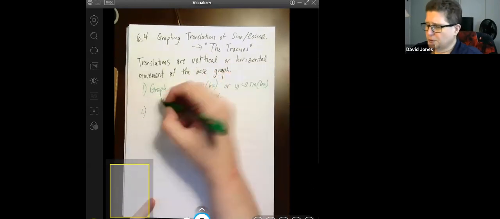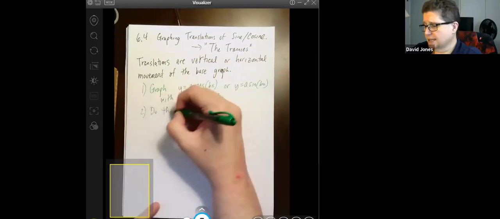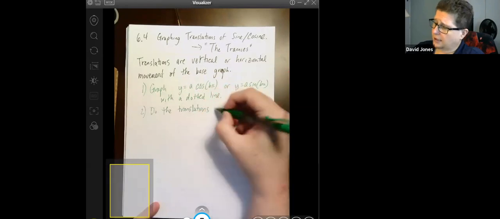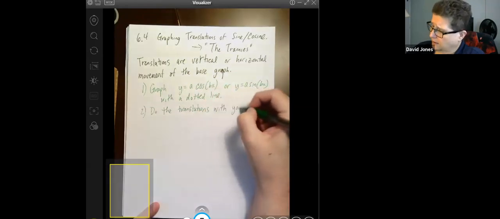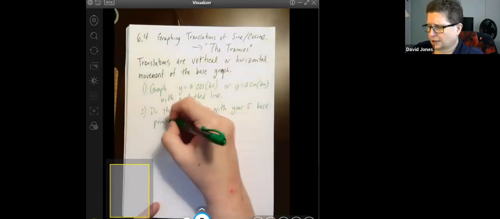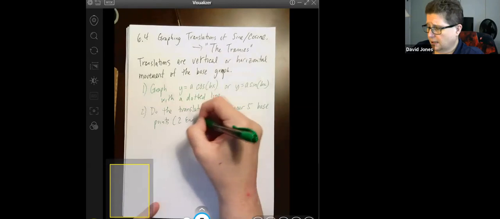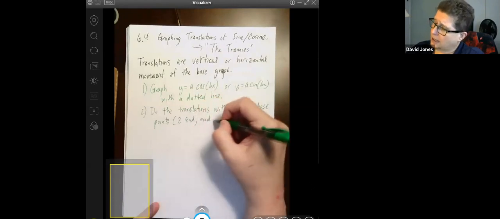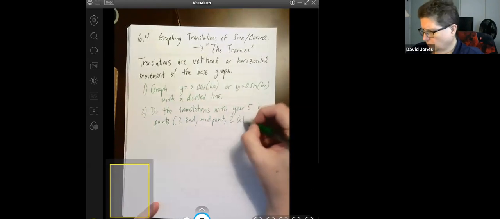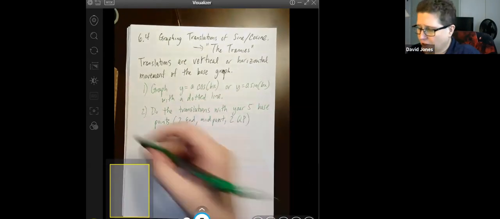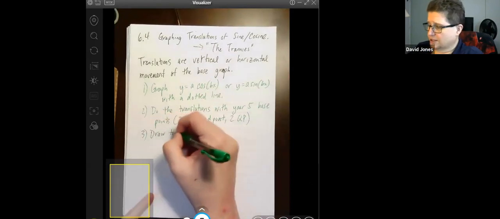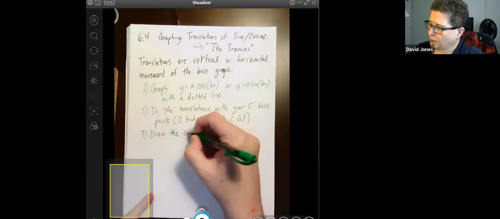And then two, do the translations with your 5 base points. That includes the 2 endpoints, the midpoint, and the 2 quarter points. And then draw the solid sinusoidal wave.